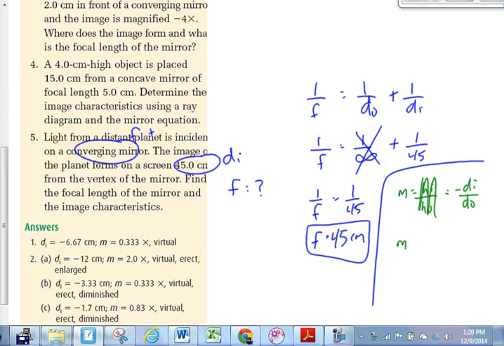So let's just say m is equal to negative di, 45, over big number. So what is this magnification? Well, it's a really, really small number, a negative of a really, really small number. I don't care what the number is, but it's small, approaching 0 in fact.